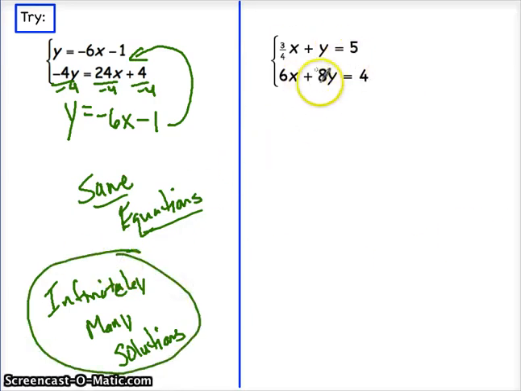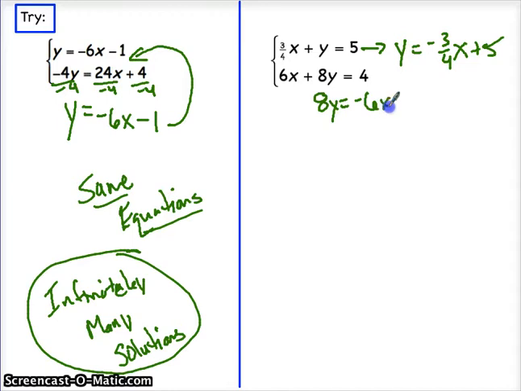Then over here at the right, notice the same idea. If I take that first equation and solve for y, y will be equal to -3/4 x plus 5. But if I solve the second equation, that's 8y equals -6x plus 4, and y equals, if you divide everything by 8, well, we do get a -3/4, 6 over 8 is 3/4 x, but if I divide 4 by 8, you get a 1/2.